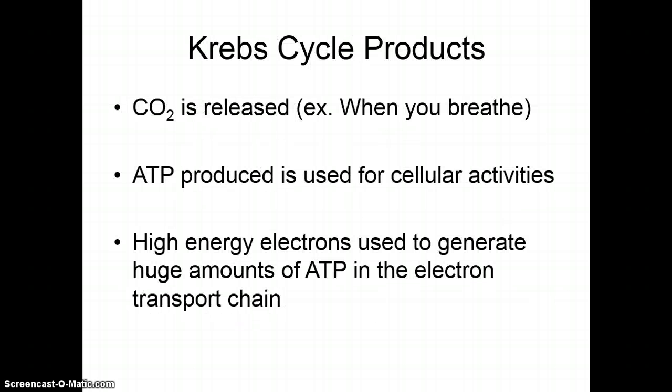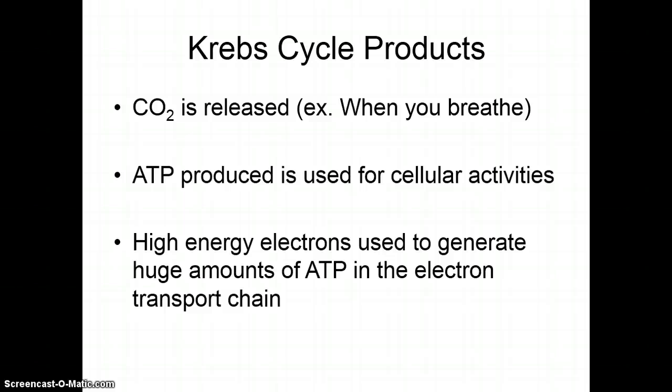So Krebs cycle products: carbon dioxide is released when you breathe out. That's why we breathe out carbon dioxide. ATP is produced for cellular activities, and high energy electrons are used to generate large amounts of ATP in the electron transport chain.